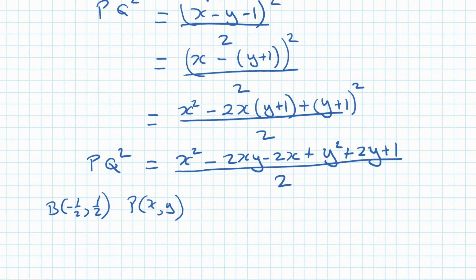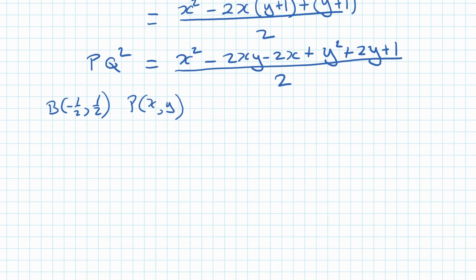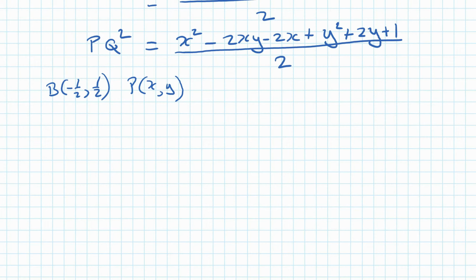Now I need to find the distance of BP. So BP is this. BP squared is (x plus a half) all squared plus (y minus a half) all squared.